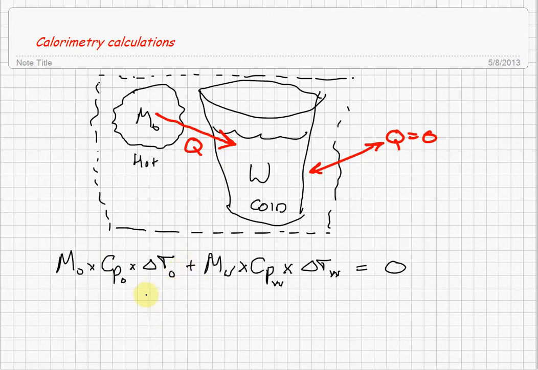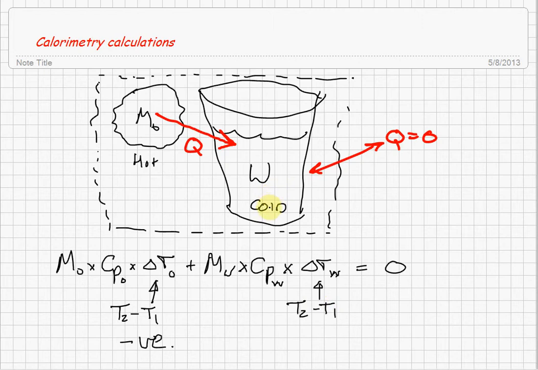Well, let's look at this definition of delta T. Delta T is always, in the thermodynamic sense, T2 minus T1. And that's going to be the same thing here, T2 of the water minus T1 of the water. For the hot object, that delta T, the second temperature, is going to be lower than the first temperature, and that's going to be a negative number.